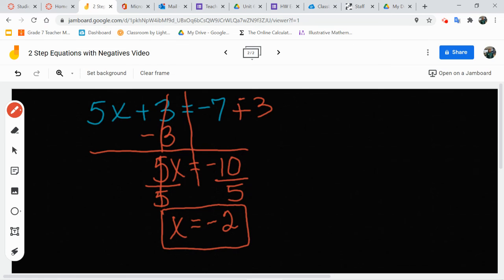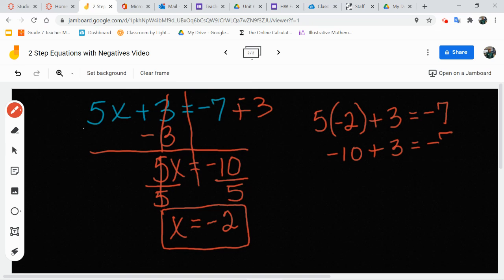So I end up with negative 2 as my answer. Now I'm going to go back to make sure that's correct and put the negative 2 where the variable is. 5 times negative 2 plus 3 equals negative 7. Remember, when you're doing math like this, we do order of operations, and we do multiplication and division before we add and subtract. So 5 times negative 2 gives me negative 10 plus 3 equals negative 7.